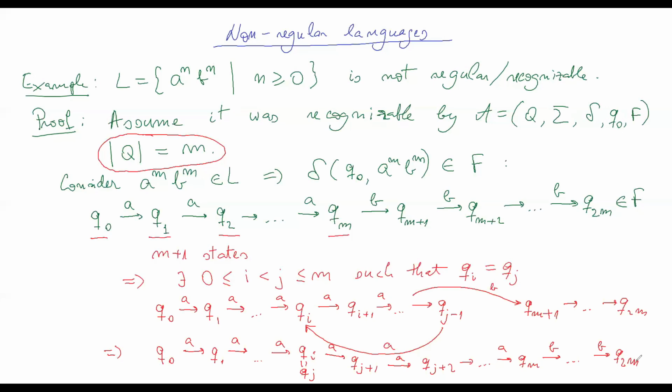If I think about this computation where I just cut out these parts of the A's, how many A's do I have? The number of B's is clear: I have the same amount of B's as before. But the number of A's is as many as I had before, minus j minus i, which is what I eliminated by observing that Qi is equal to Qj.